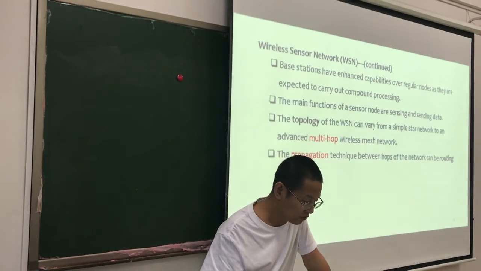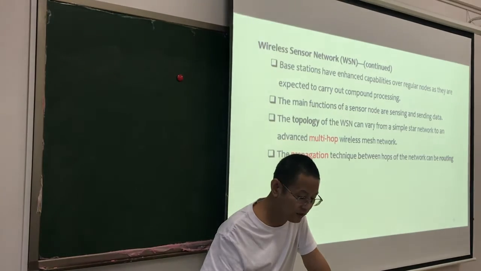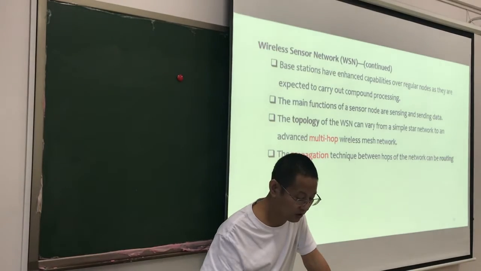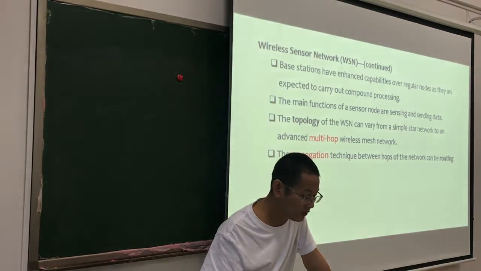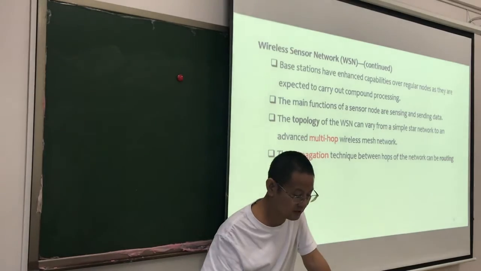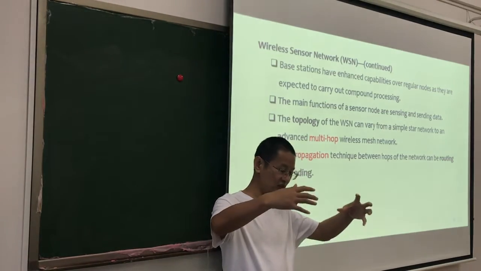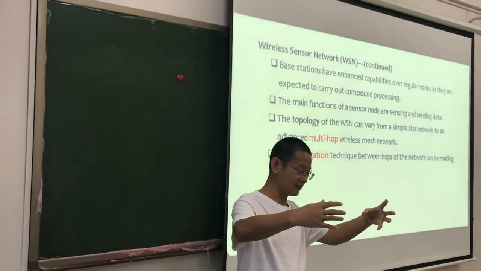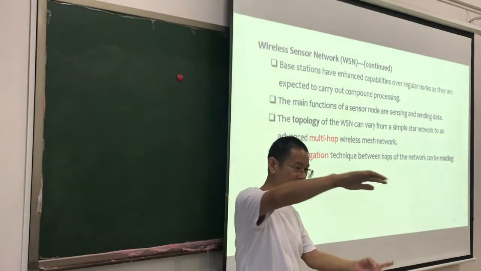The topology of a WSN can vary from a simple star network to an advanced multi-hop wireless mesh network. A simple star network means the base station is in the center and the sensors are around it.